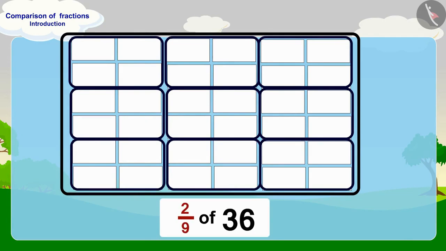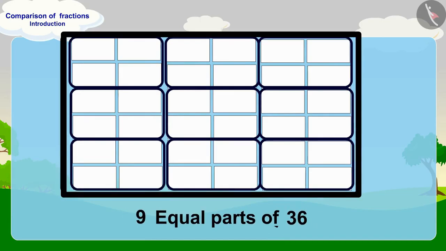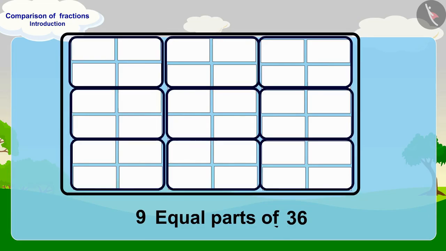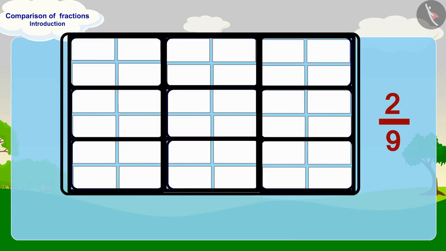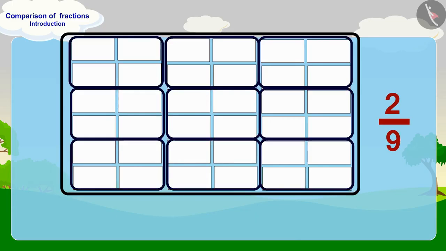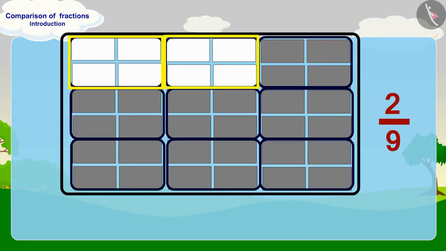For 2/9 of 36, we will divide 36 into 9 equal parts. In this way, each part will have 4 pieces of paper. And in 2/9, we are taking 2 of these 9 equal parts.